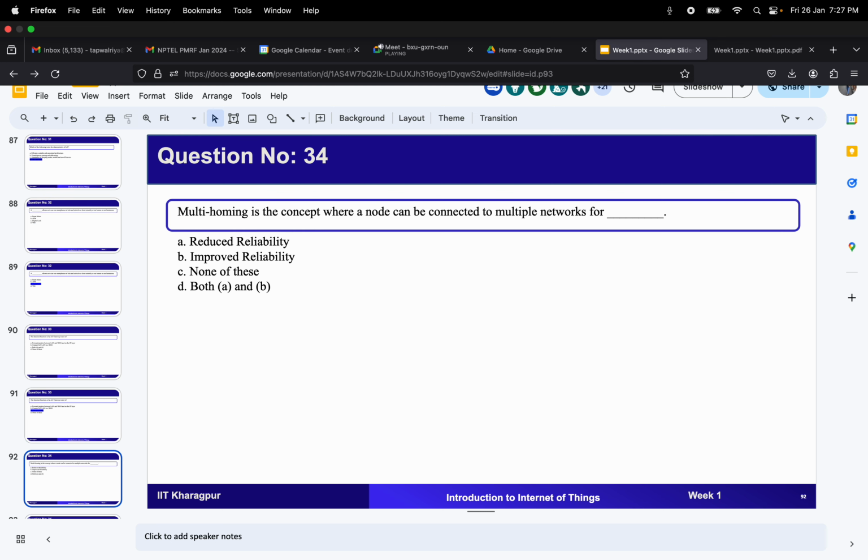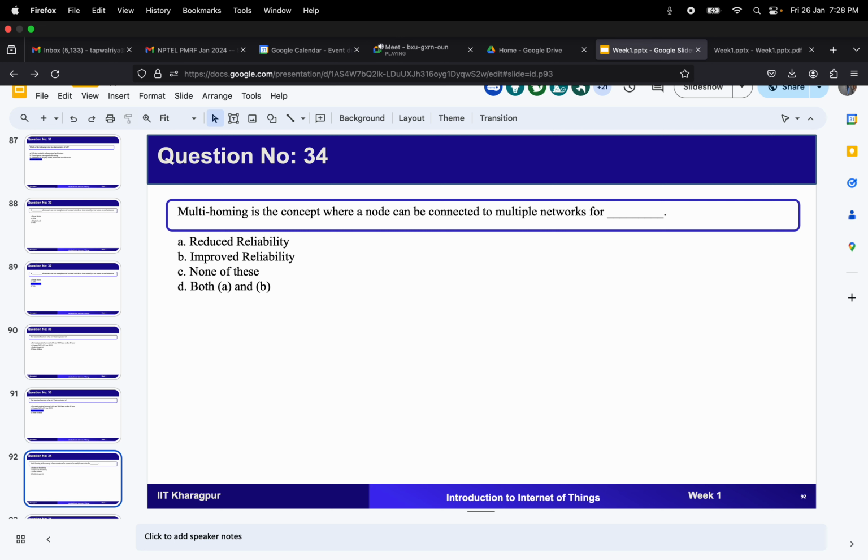Next question is multi-homing is the concept where a node can be connected to multiple networks for blank. Options are reduced liability, improved liability, none of these, both A and B. Improved reliability. Right, it's improved reliability because in case of multi-homing, your device is connected to more than one network.